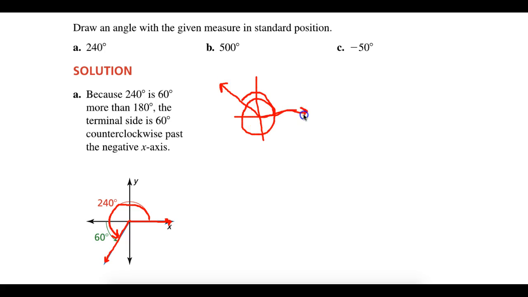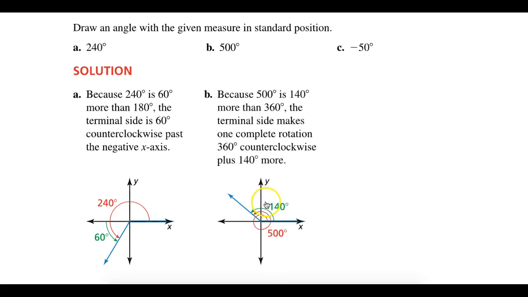So you'll see our initial side is on the x-axis and our terminal side is in the second quadrant. Notice you have to draw the whole rotation, so you get this spiral coming out. Otherwise, if you didn't draw this whole spiral, you would have no way of knowing that this was actually 500 degrees.